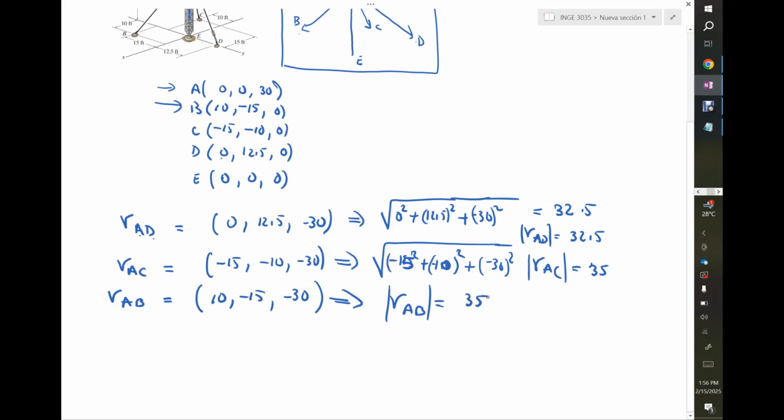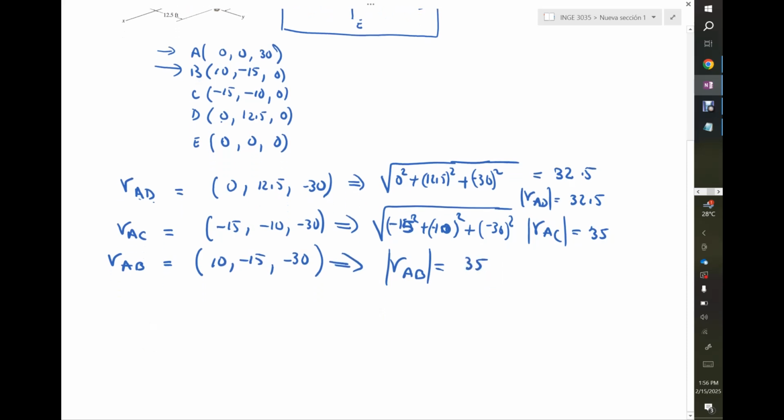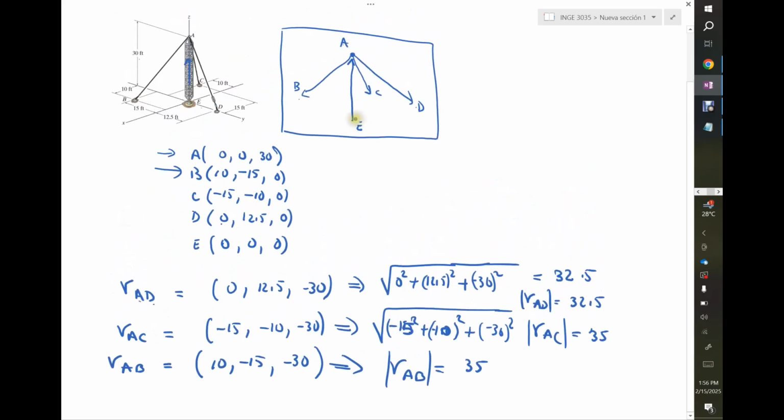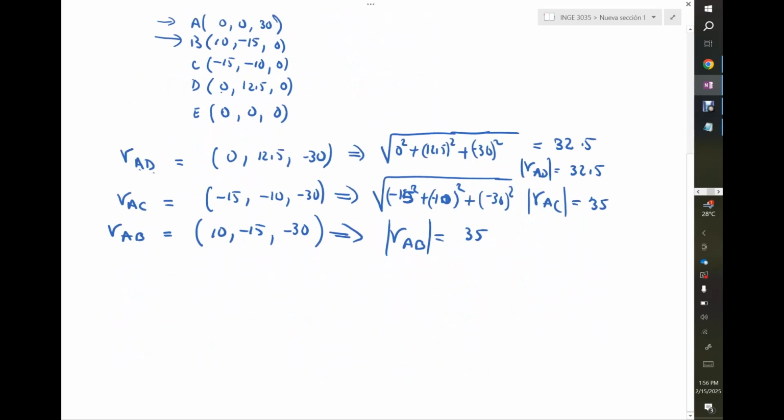No problem there. All right, so now we need another one, the one that is across the antenna, moving from E to A. Be careful with that, because we are moving from E to A, meaning that E is the beginning and A is the end.